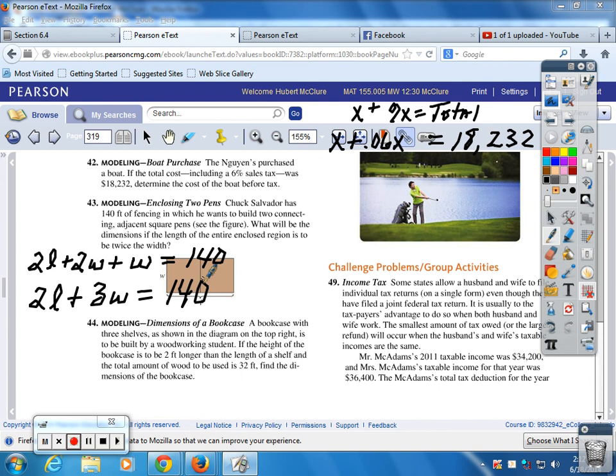Now, they're going to have to give you something else, because we got one equation, but how many unknowns do we have? 2. That doesn't work. So you're going to have to change one of them into something of the other. In other words, you have to change both of them into widths, or you have to change both of them into L's. So let's see what they give us.